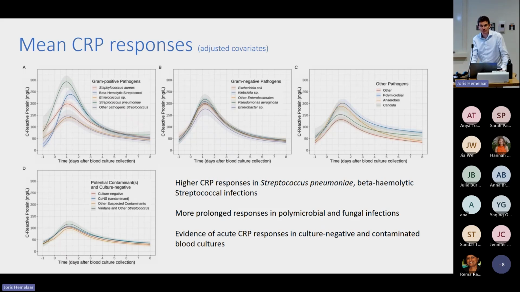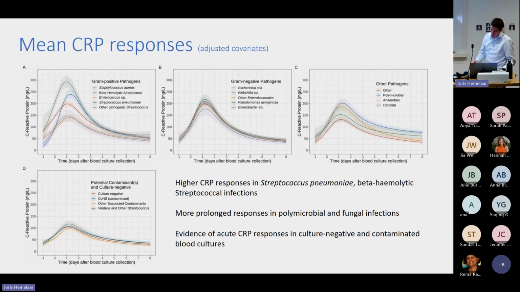One of the novel things that we find here is that the response you see in your inflammatory markers depends on the pathogen you're infected with. If you're infected with Streptococcus pneumoniae, which is a common cause of pneumonia, then you tend to get a much higher CRP response, and also for beta hemolytic streptococci, things like group A strep that you may have heard about, they tend to generate much greater responses. For some other things, you see much flatter responses.